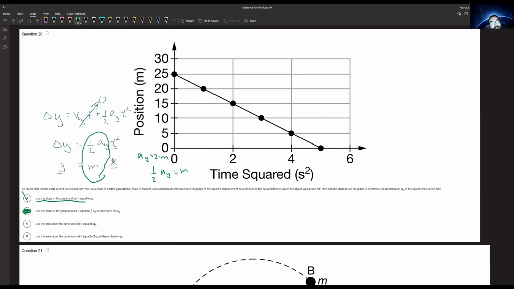The proportionality, I would say, is t squared to y, or y is proportional to t squared. And the constant of proportionality is the m, and the constant of proportionality in this bigger equation is 1/2 a_y. I don't know if that answered your question there, Anthony. Yeah, it did. Okay. Right.